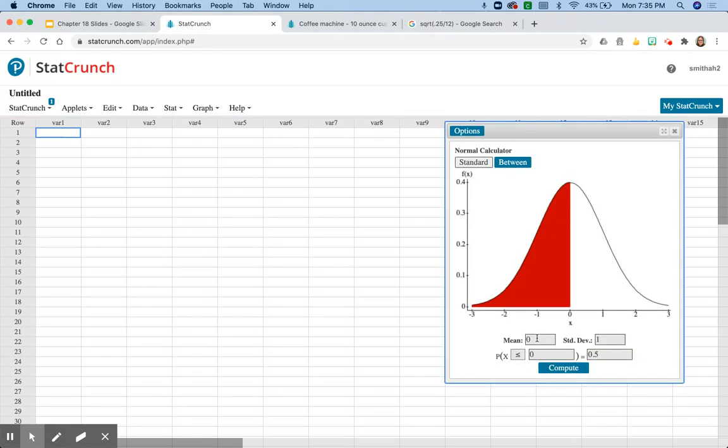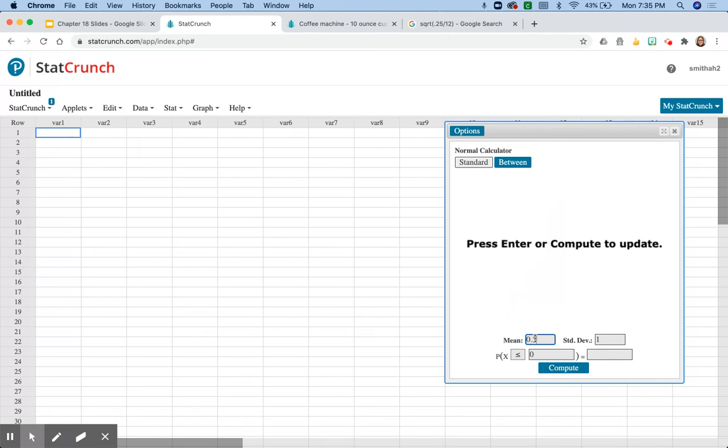And for the mean, for the center, again, if I assume that the null hypothesis is true, then the mean is going to be 0.5. I assume that that's true. For the standard deviation, you're going to have to remember the formula from chapter 16. Remember, the standard deviation is the square root of p times 1 minus p over n.